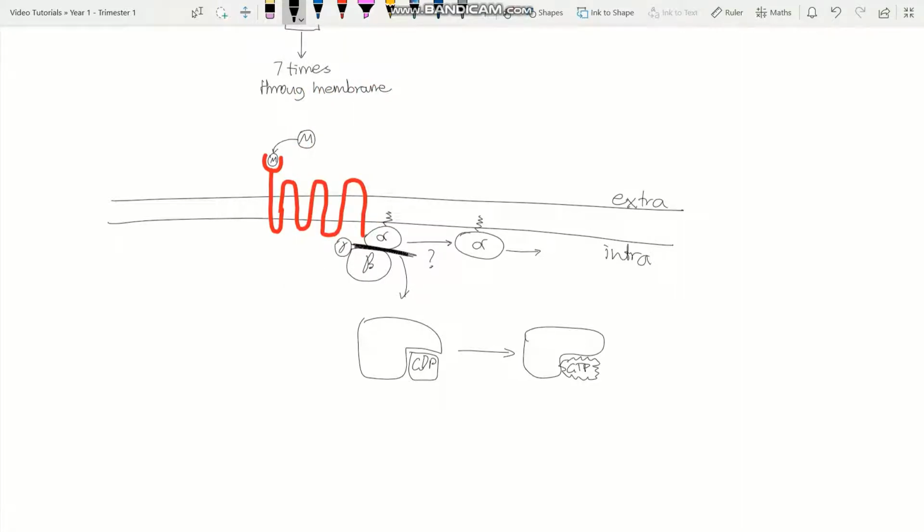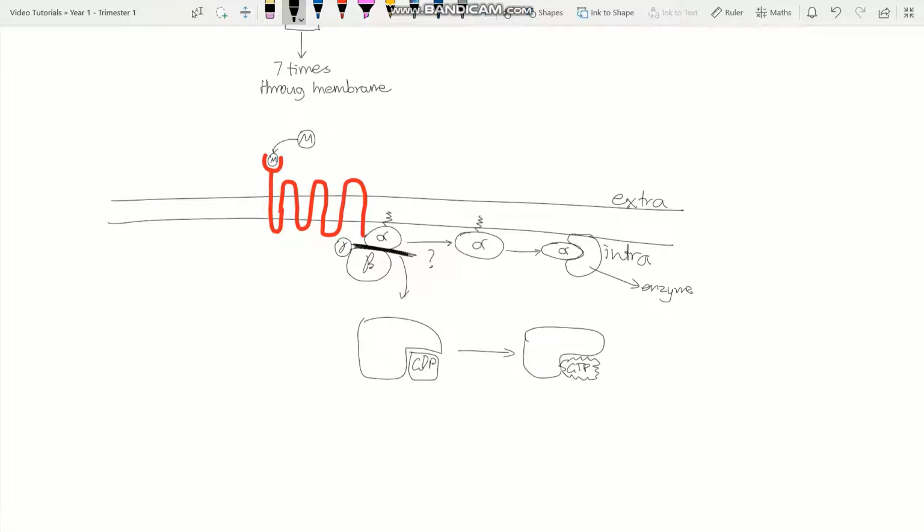So say, for example, we have a particular enzyme present here. And in order for it to be activated, the G protein or the alpha subunit of that G protein must bind to it. So as the alpha subunit moves along the lipid bilayer being attached to it, it will eventually bind to this enzyme.